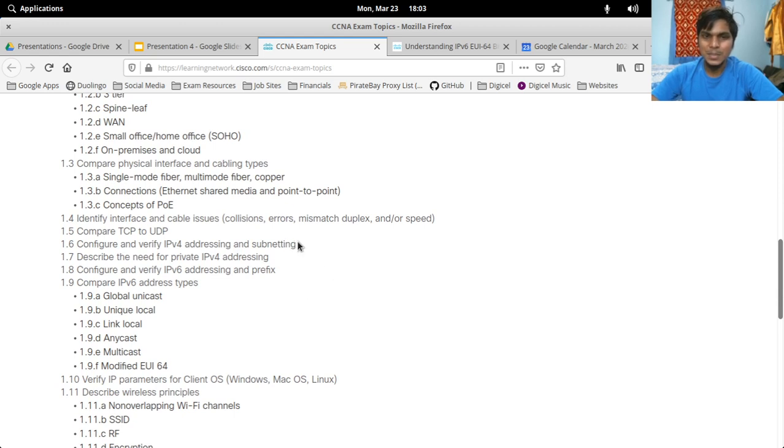Last class we only got to go through 1.6, configure and verify IPv4 addressing and subnetting, because subnetting is such a large topic. Everyone, once they reach it in the CCNA, says that subnetting is, if not the most, then at least one of the most difficult topics here. So take your time with it, don't feel intimidated, just keep practicing. Learn one question at a time, and after a while it'll become second nature.